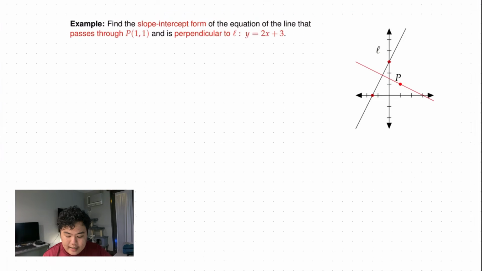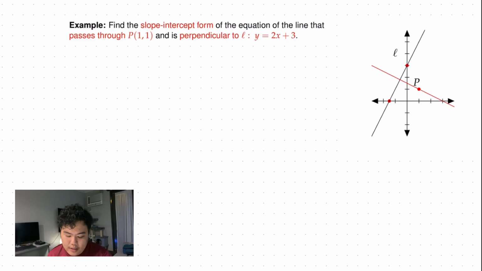So, gawa tayo ng, of course, example. So, find the slope-intercept form. Anong itsura ng slope-intercept form? That is y equal to mx plus b, of the equation of the line that passes through 1, 1 and perpendicular to L. So, yung nawawalang line natin passes through P. So, si red line yung nawawala and perpendicular to L. Okay?